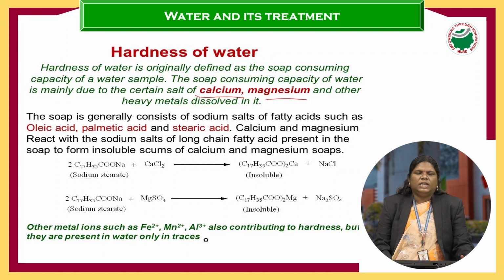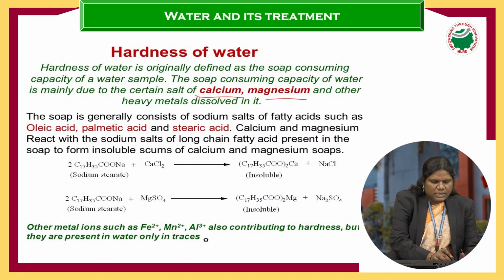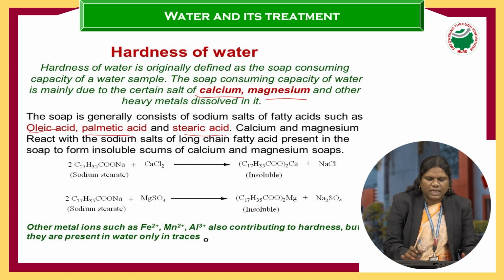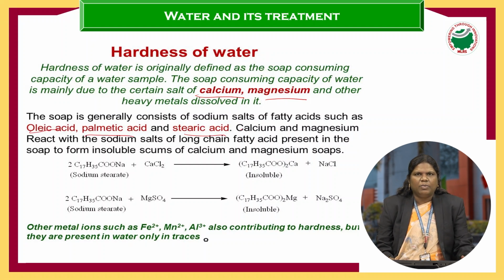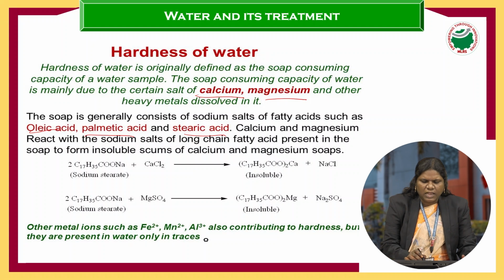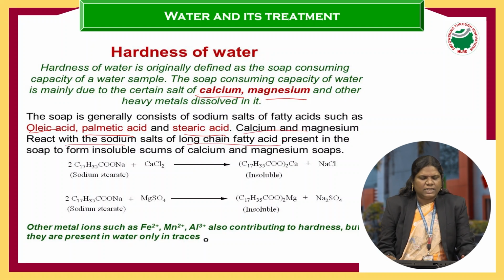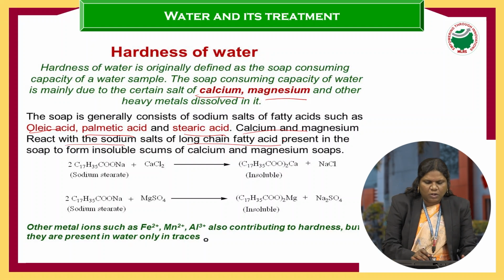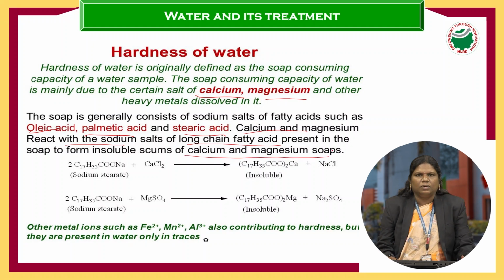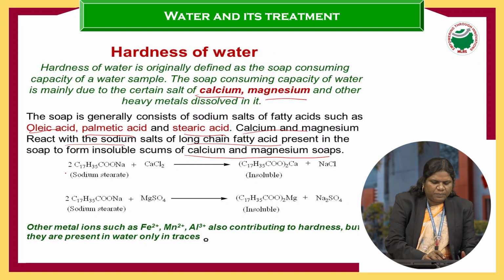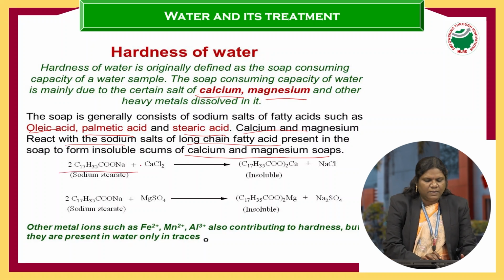The soap generally consists of salts of sodium and potassium of long chain fatty acids like oleic acid, palmitic acid and stearic acid. Calcium and magnesium react with salts of long chain fatty acids present in the soap to form insoluble scums of calcium and magnesium soap. Means the soap consists of sodium stearate, C17H35COONa.